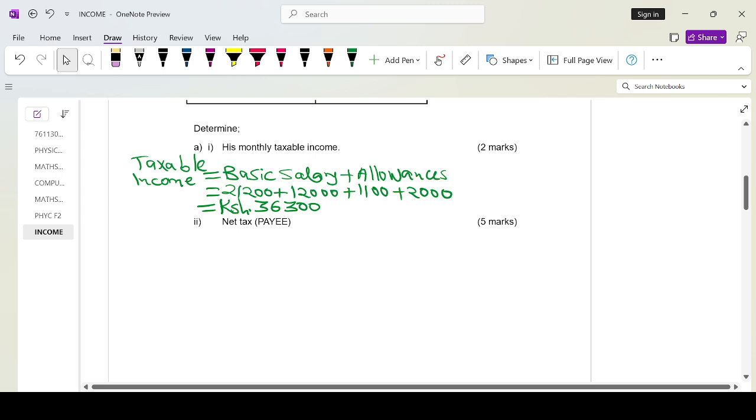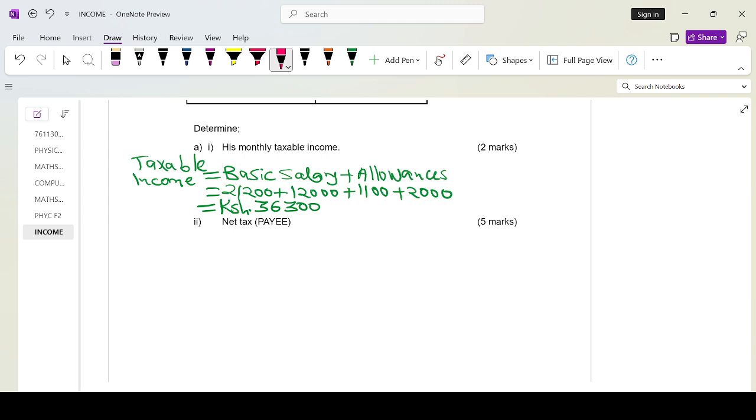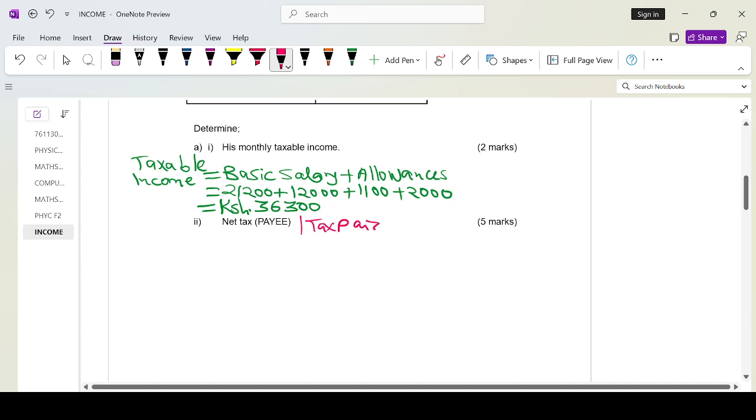Roman 2, the net tax. This net tax, in brackets, we've been told what? The PAYE. Another term for this, learners, if you don't get this, sometimes they are talking about the tax paid. If you get a question saying calculate the tax paid, that is still the net tax.